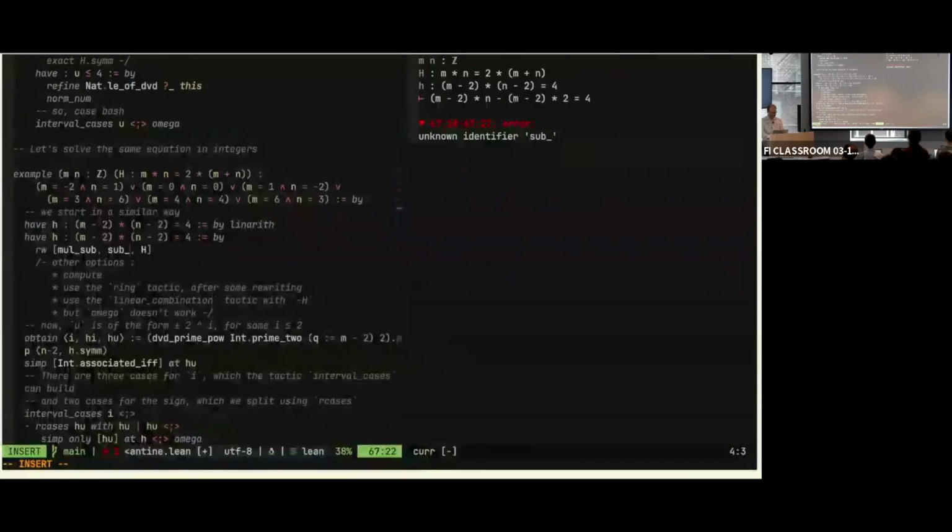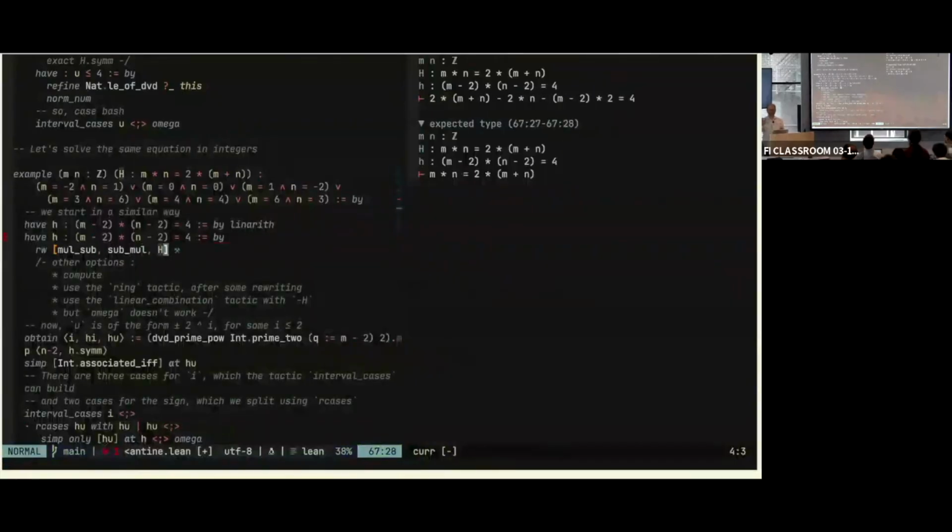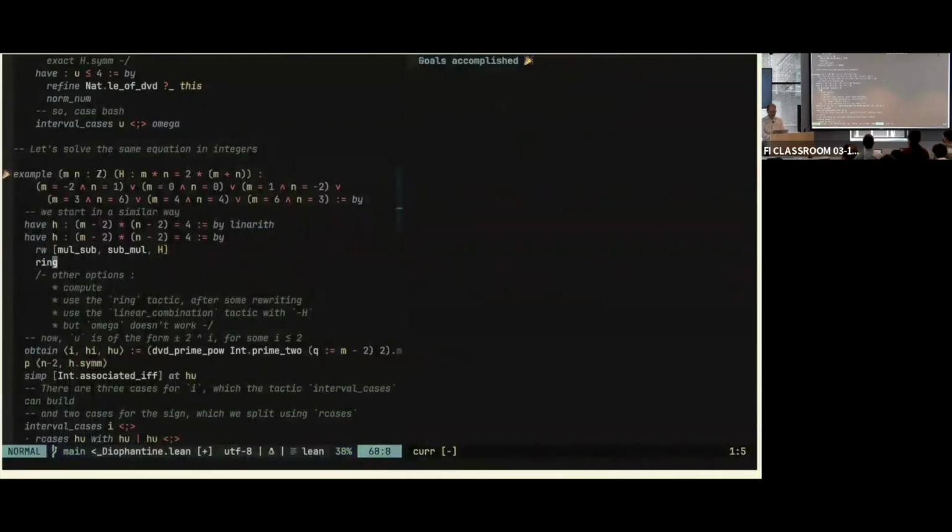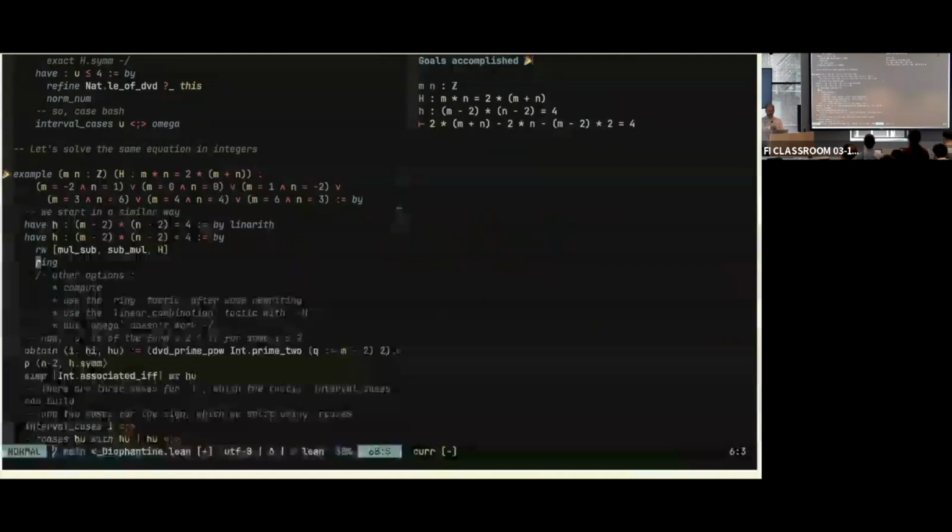But now when I've done that, I've replaced the m times n by its value, and now it's always true. So now ring would work. And that proof wouldn't work for natural numbers, because natural number subtraction is a bit complicated. If you are in elementary school, it's not always defined. In Mathlib, it's always defined, but it's truncated to 0 when it should be negative.